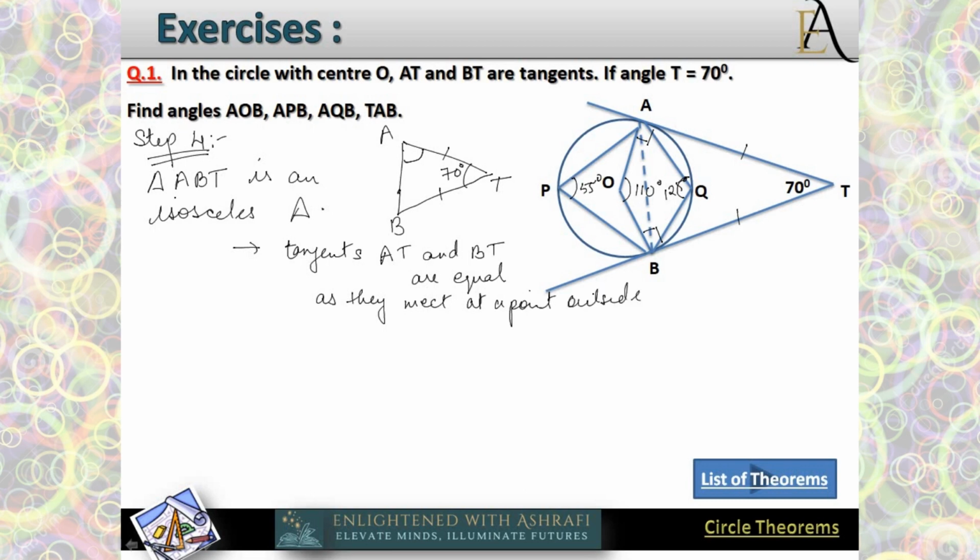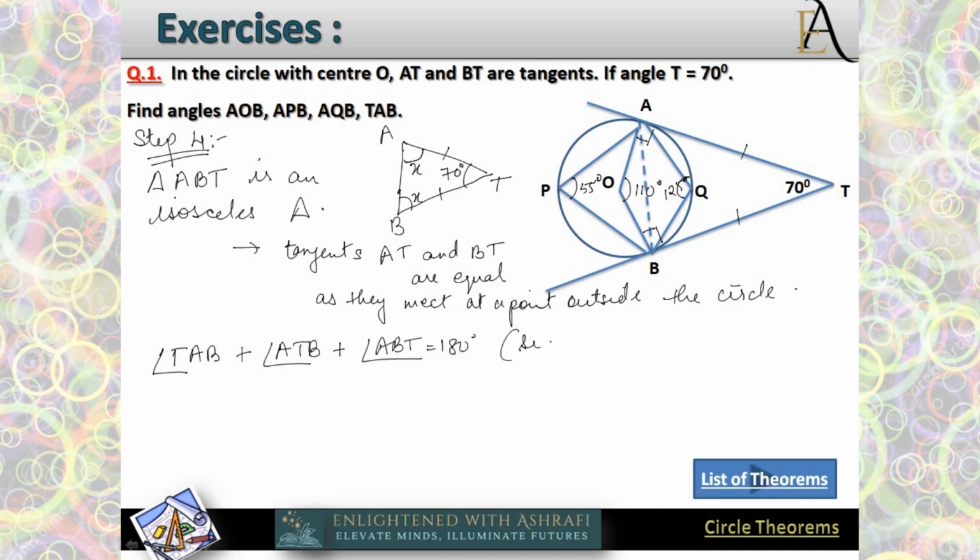outside the circle. Fine. Now let this be x, this will also be x, base angles. So angle TAB plus angle ATB plus angle ABT is equal to 180 degrees.